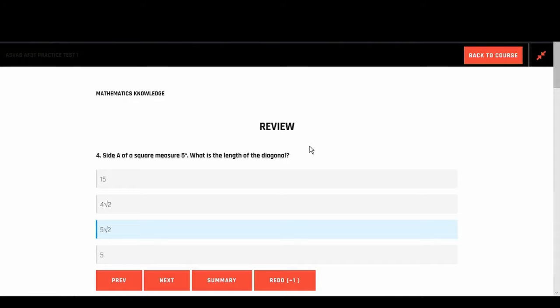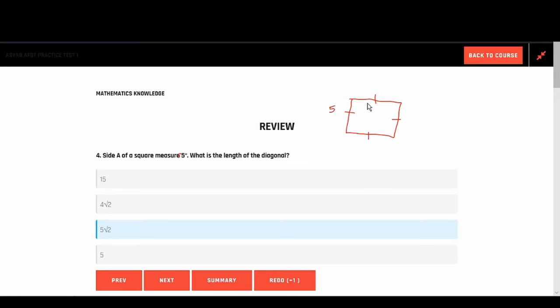That said, number 4 says side A of a square measures 5 inches. What is the length of the diagonal? Okay, so we have a square, and as we all recall, every single side or length of a square is equivalent.